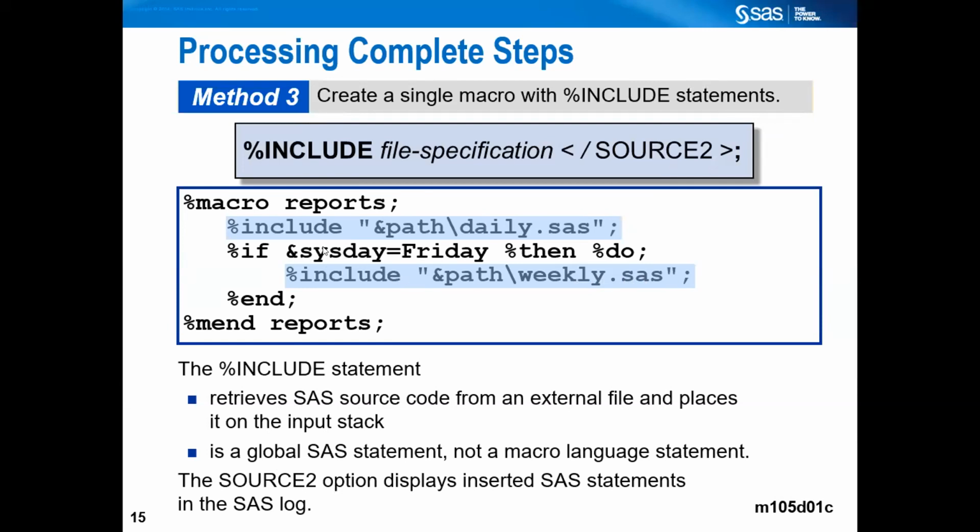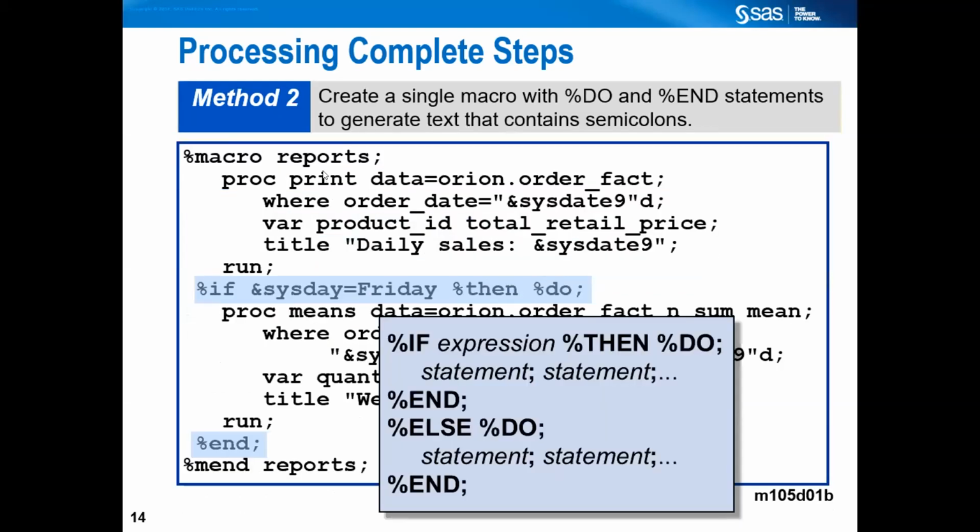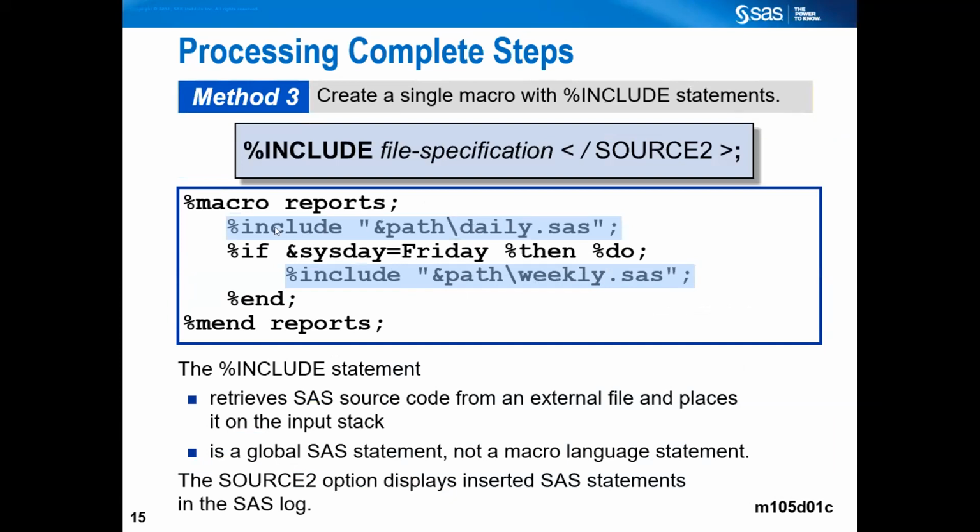But what %include does is directly read the program onto the input stack and then process it. So there is no need to write the daily report with proc print or the weekly report with proc print here. You save each as a separate code and directly execute it by using the %include statement.